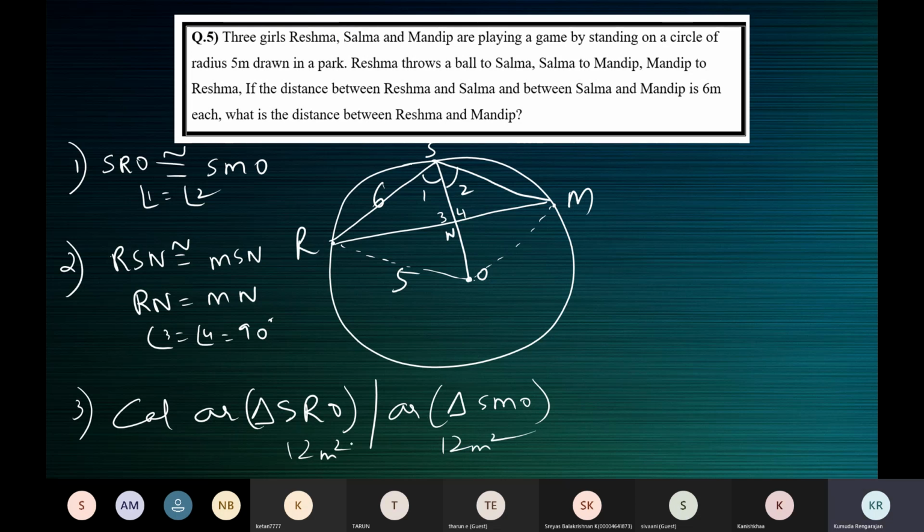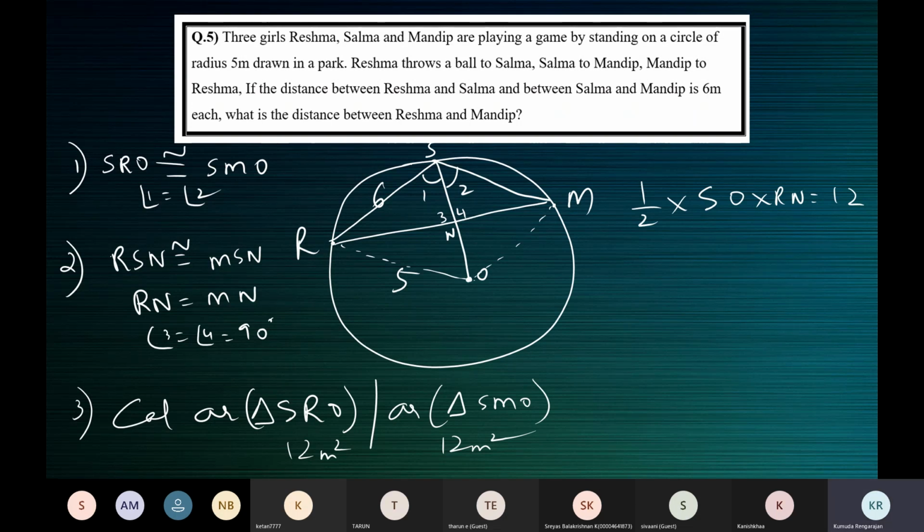So find one of them. 12 meters square is the area. If you use this triangle SRO, half into base SO into height RN is equal to 12.